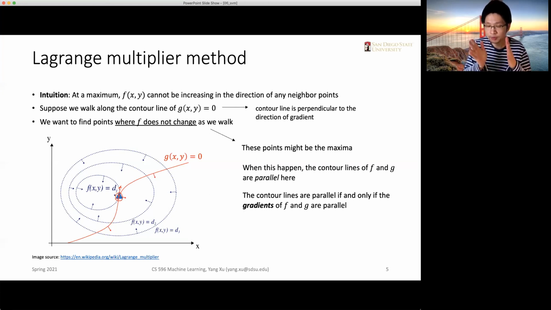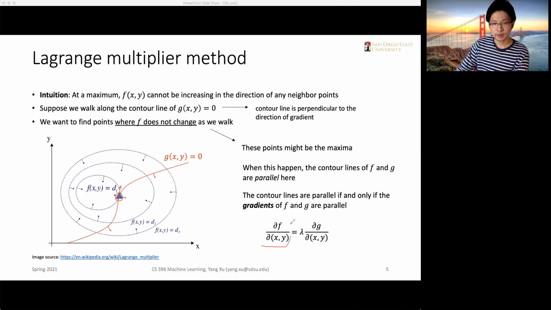If the contours are in the same direction, then the gradients of these two functions should also be in the same direction. The gradients are just vectors when we have multivariate functions. In this case, the variables are x and y, so the gradients are defined as a 2D vector.